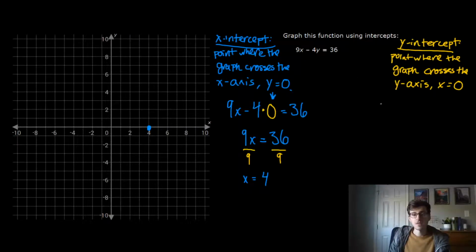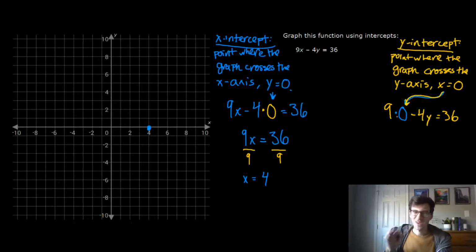We're going to do the same thing, except now x is 0. So 9 times 0 minus 4y equals 36. Again, I'm trying to figure out what y is when x is 0.